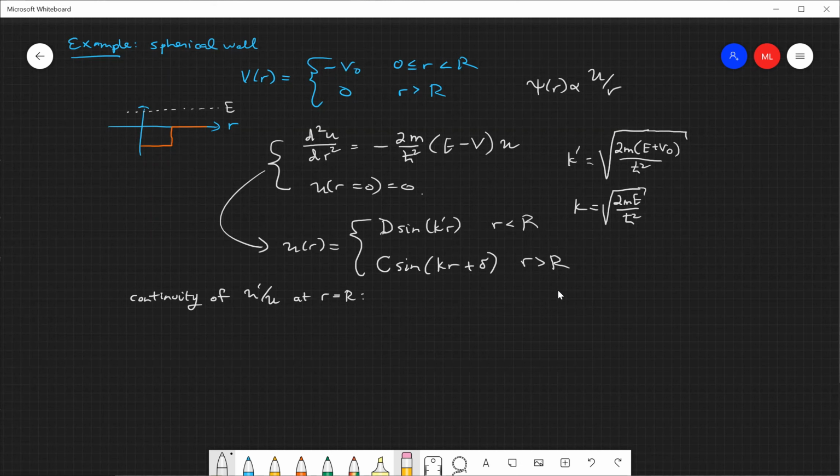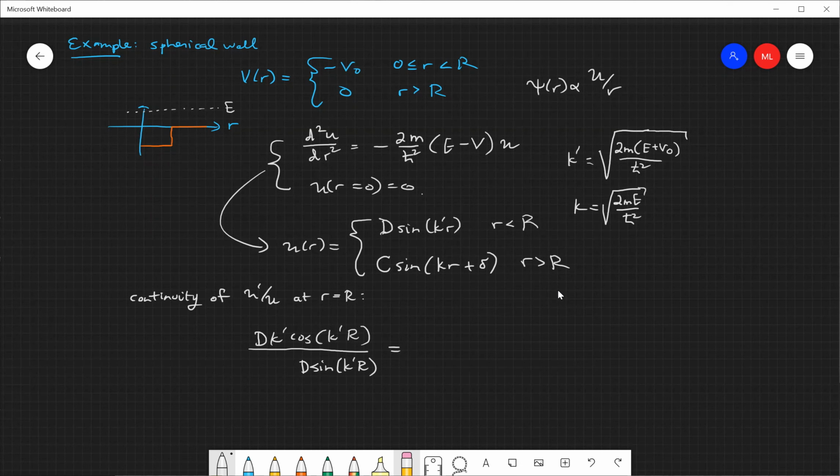If we apply that and take some derivatives, we get D k prime cosine k prime r divided by D sine k prime r. That's on the left.